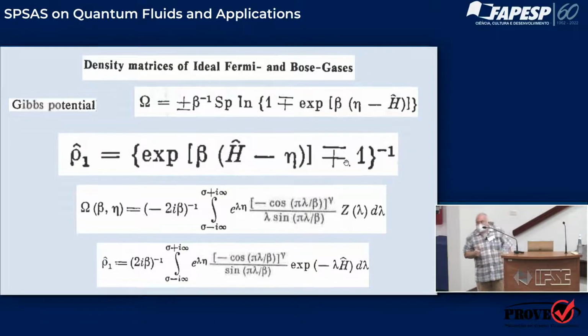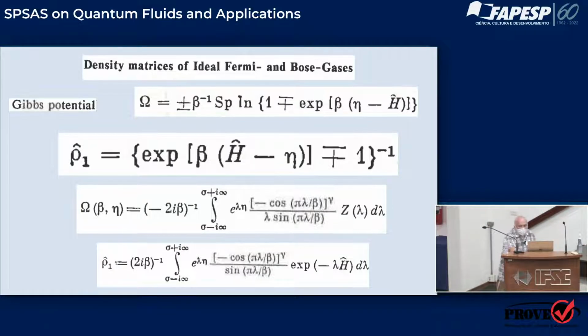And a great result was the following. If you know the Boltzmann statistical sum, non-degenerate, then the Gibbs potential can be obtained by inverse Laplace transform of this sum. And the one-particle operator also can be obtained by the non-degenerate statistical operator multiplied by some kernel and inverse Laplace transform.